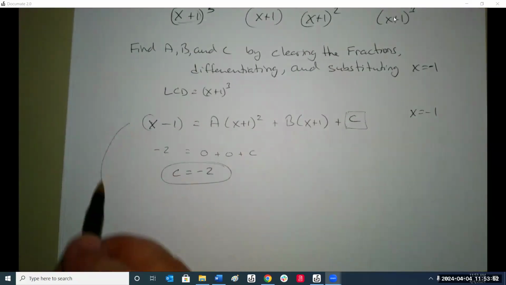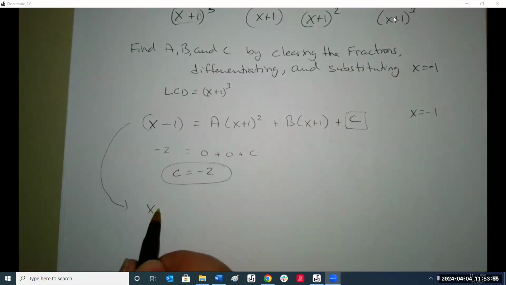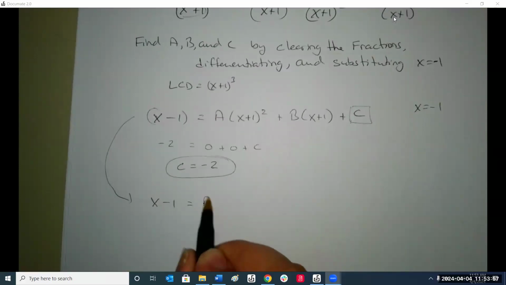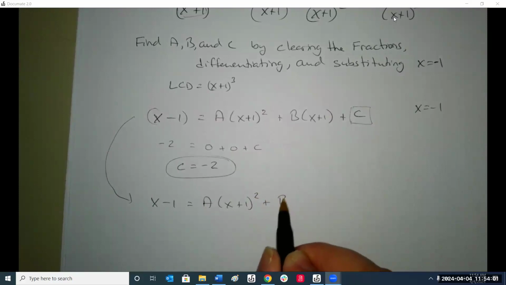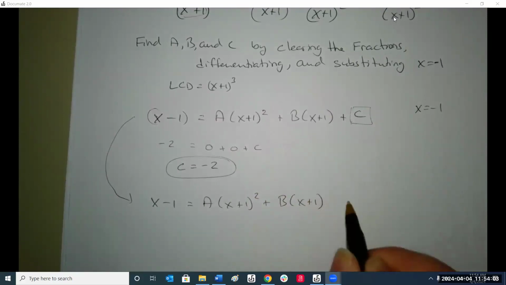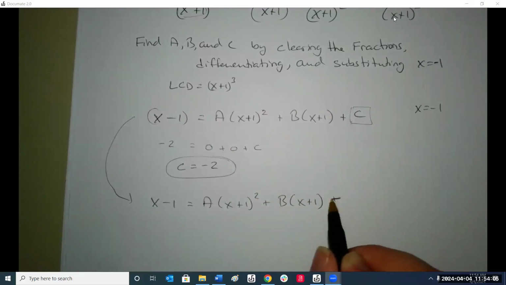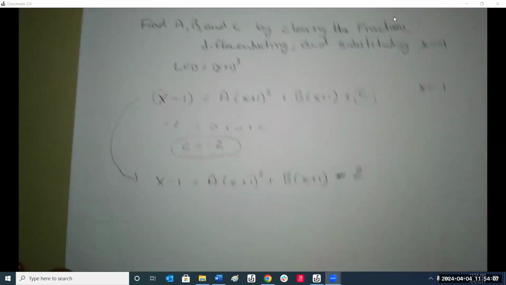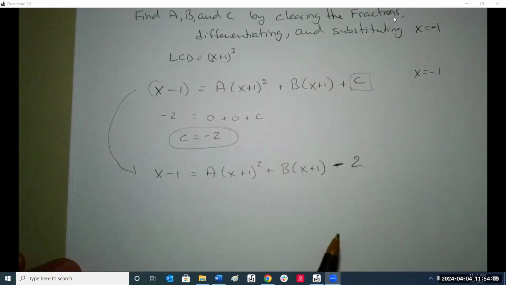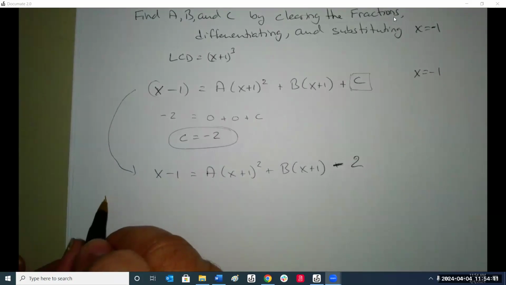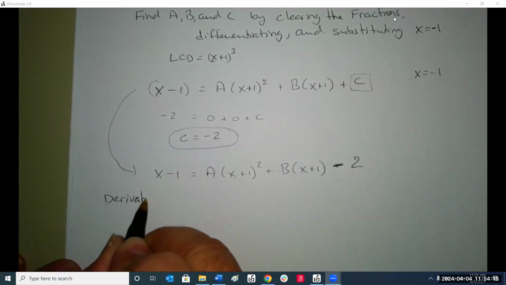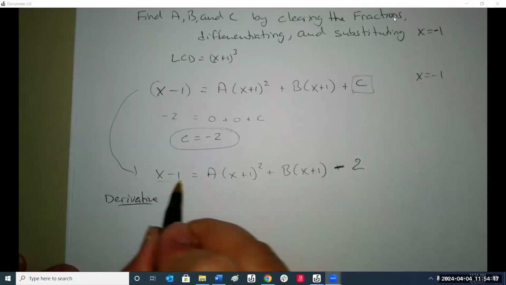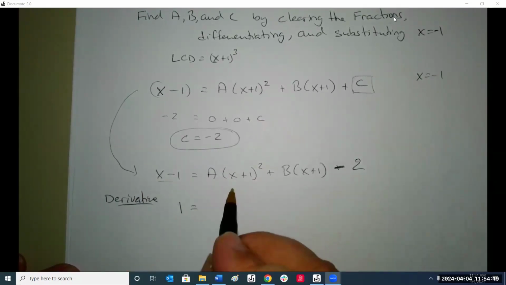So now we go back to here. C is negative 2. Take a derivative. This side becomes 1.